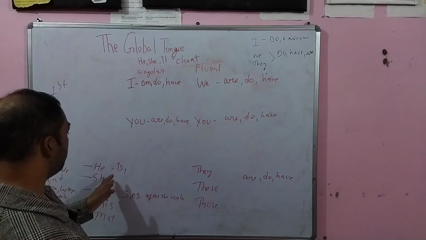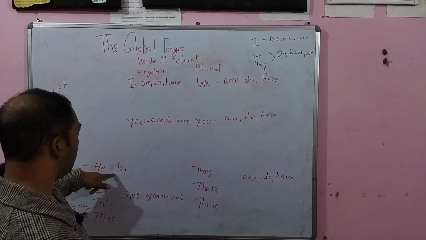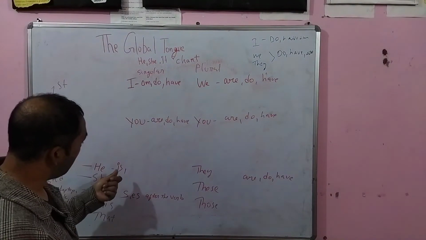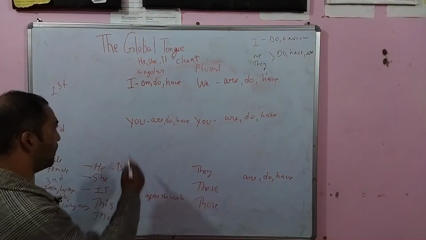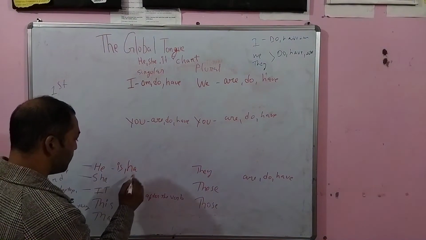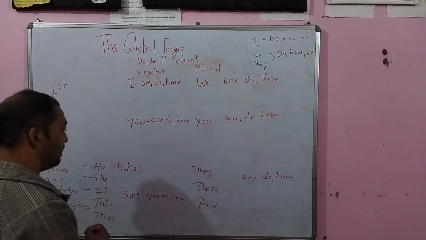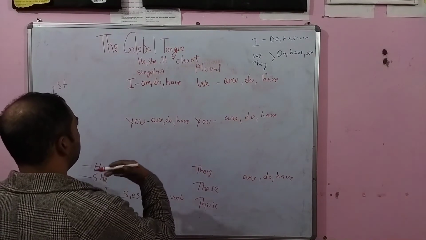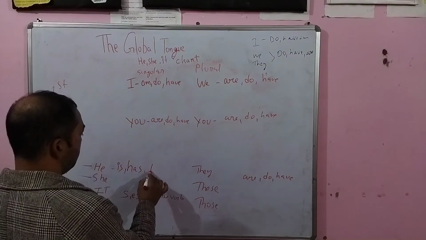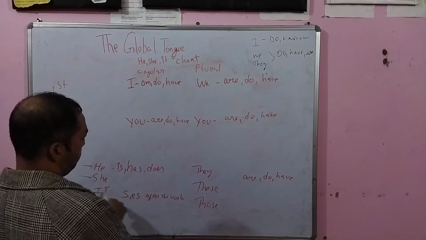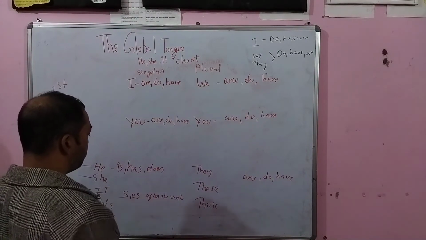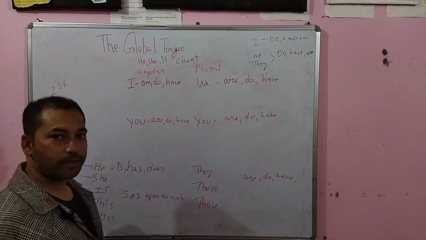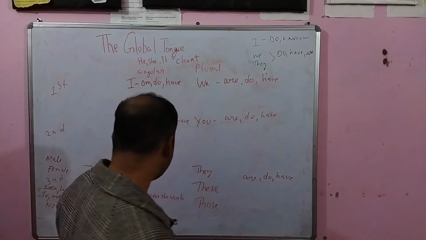So like we have, as the rule says, we have to use s and es, so we are using s here. Then have becomes has, because we use s here. Has is has. All right. And do becomes does here, because the rule says after verb you have to use s and es. You think of any verb in the world, there you have to use s and es.